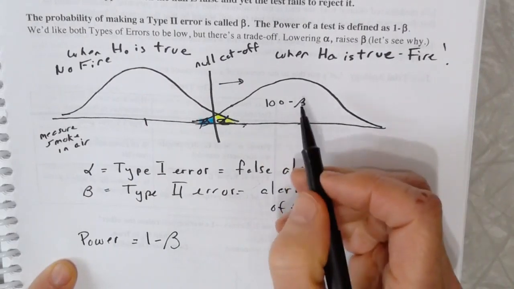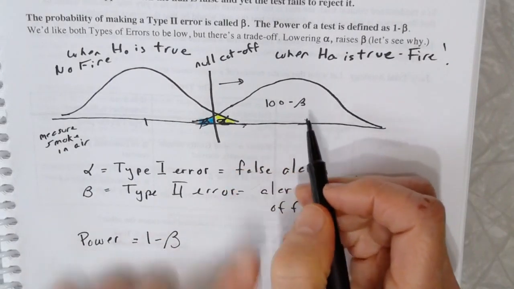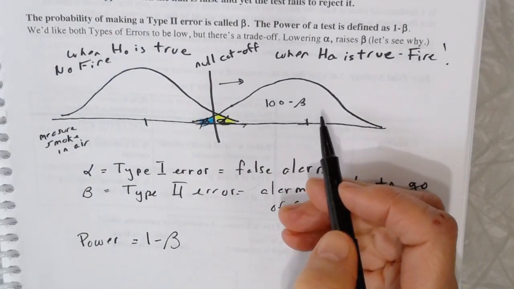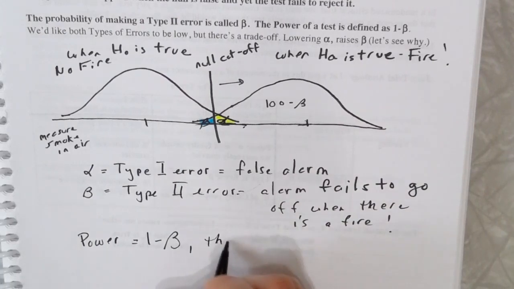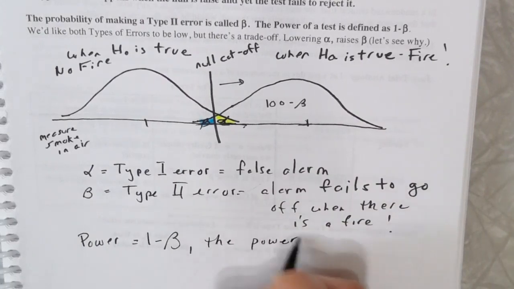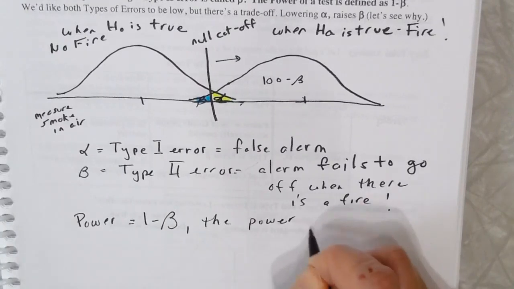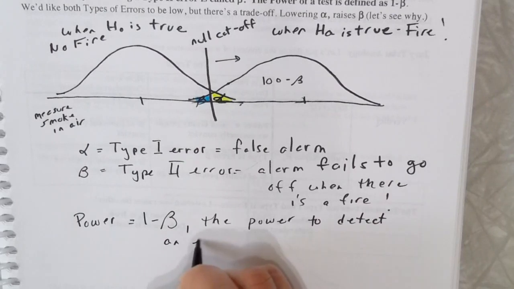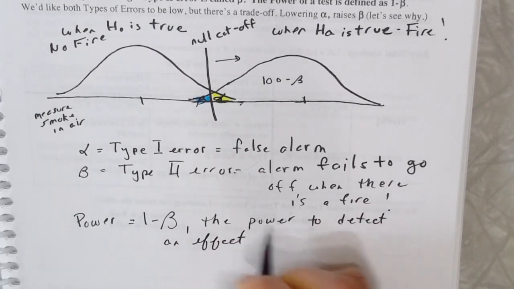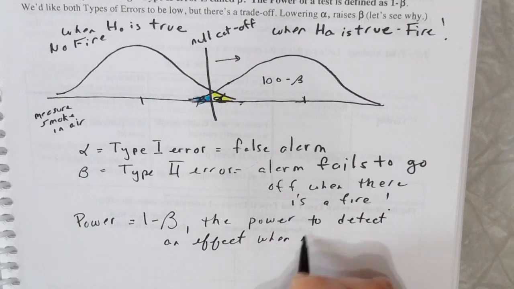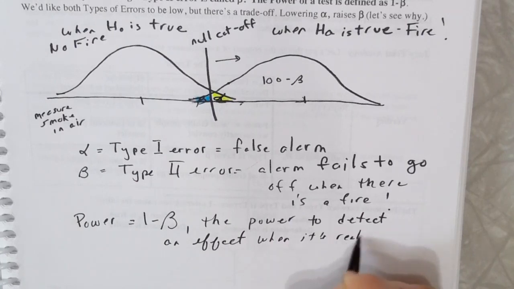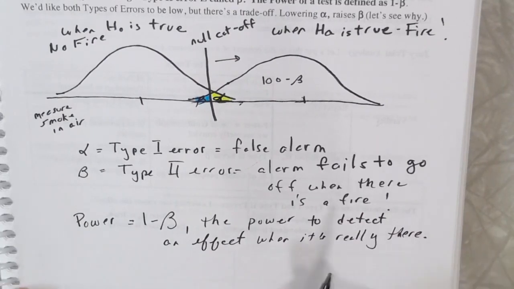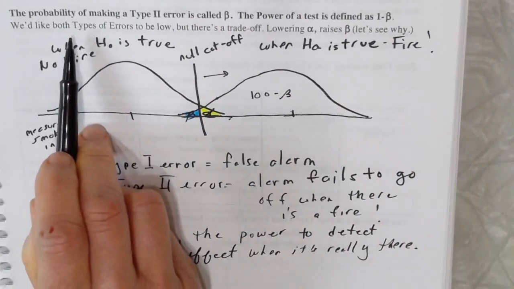The power that our alarm system would detect a fire when it's really there. So you want a high-powered test. The power to detect an effect when it's really there. So that's what I say here.